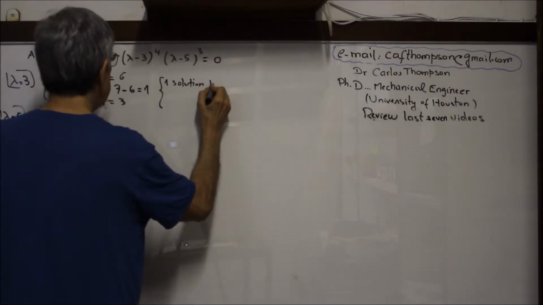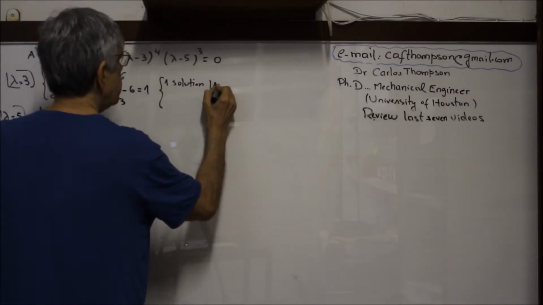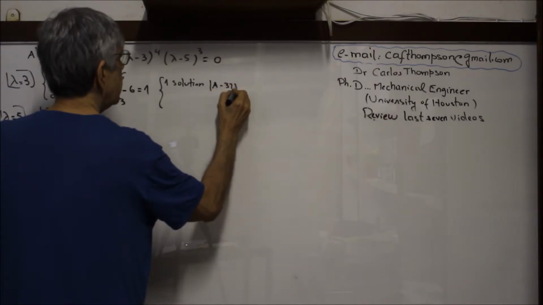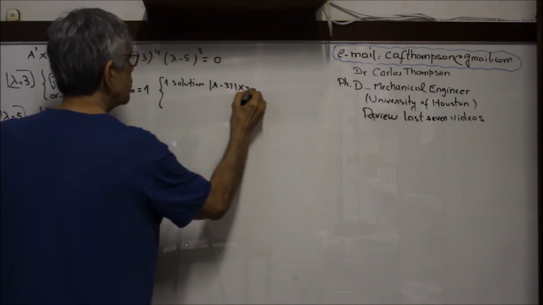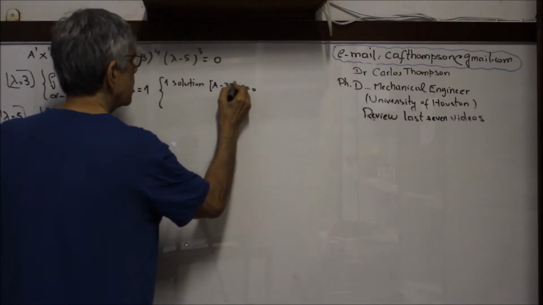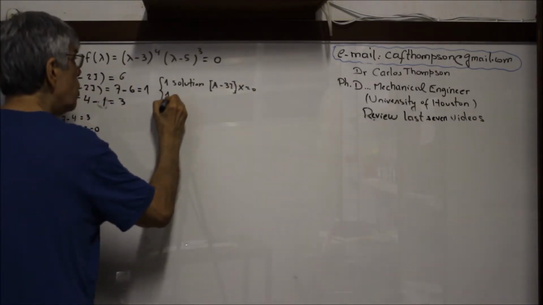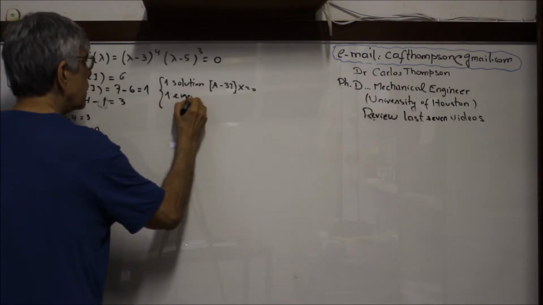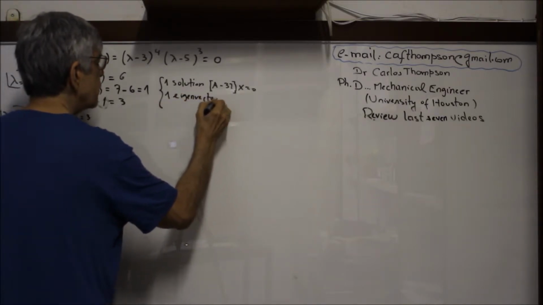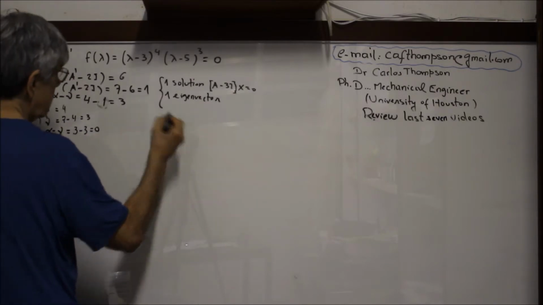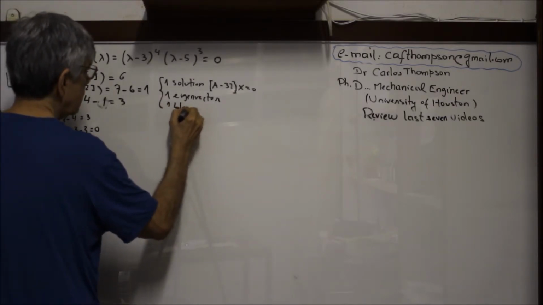Of this equation here, A minus 3I times x is equal to 0. So the matrix here. Now, I have only one eigenvector. And one block.